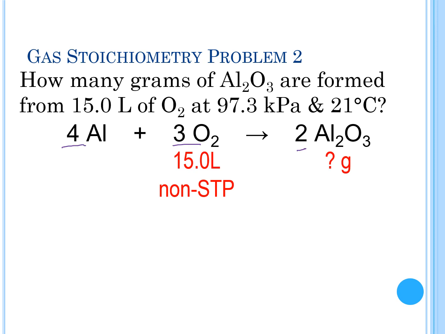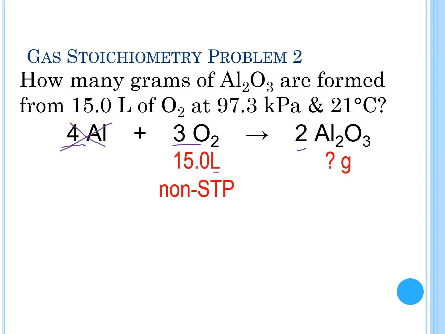I'm not going to be using the aluminum at all. I don't need it for solving anything else in this problem. But I have been given 15 liters of O2, but I don't know how many grams of aluminum oxide I have. So since I have been given liters, I would normally use 22.4 liters per mole, but I'm not at standard conditions.